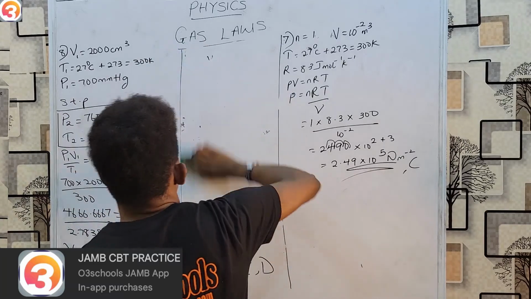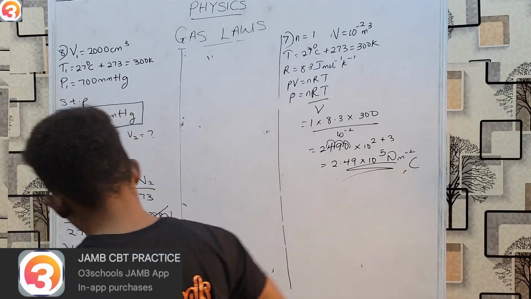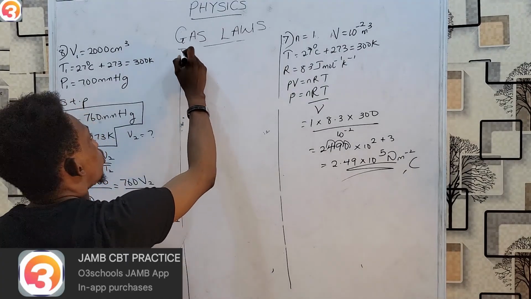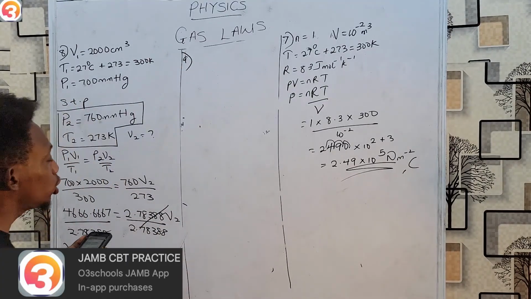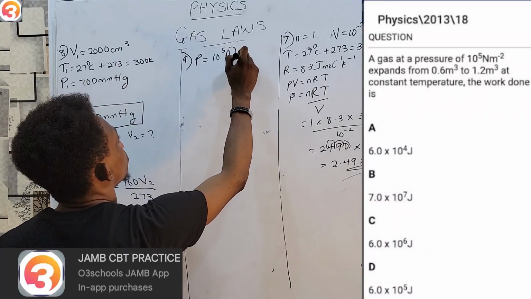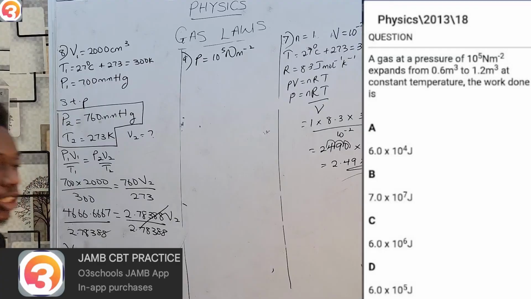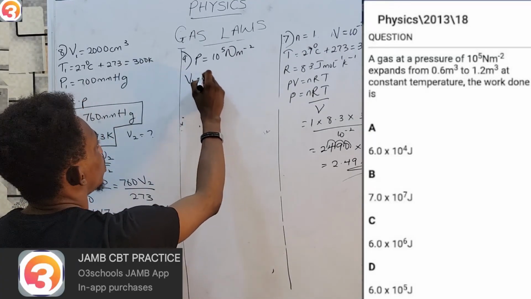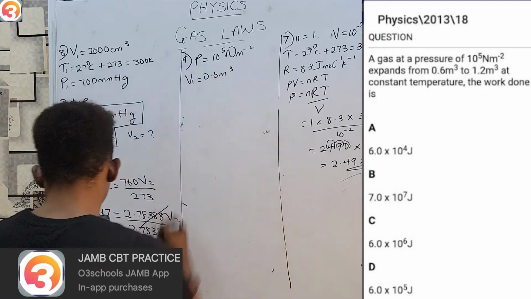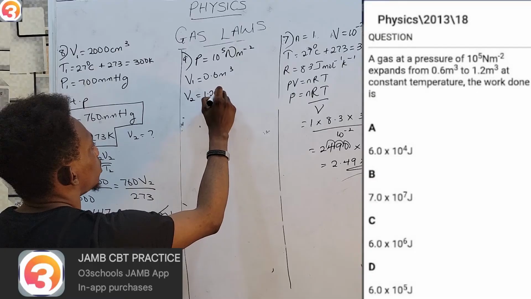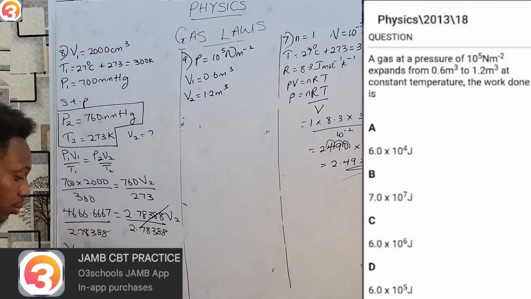So we can solve the round number of 10. For the ninth one, example 9, we're told a gas at a pressure of 10 to the power 5 Newton per square meter expands from 0.6 meter cubed to 1.2 meter cubed at constant temperature.